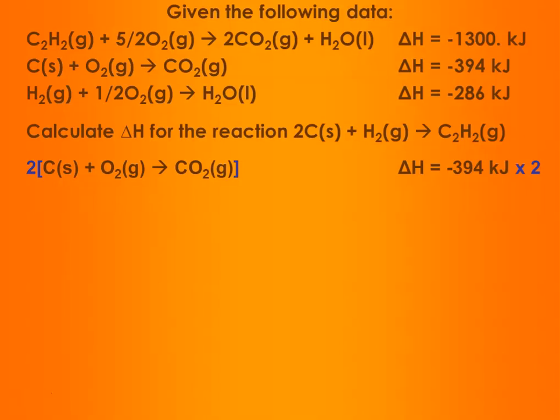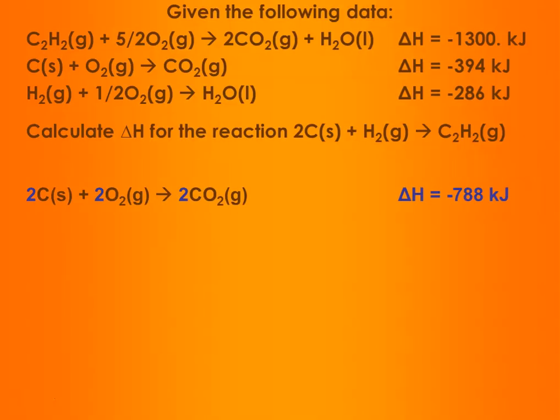Because carbon was on the reactant side of my equation, which is what I wanted to have present, I don't have to change the sign of my enthalpy. Next, I'm going to look for my next reactant to see perhaps if I can get away with just setting that equation up. And I do see that in my third reaction, and it has the right stoichiometric amounts, and it's on the correct side of the equation for the one that I want to make.